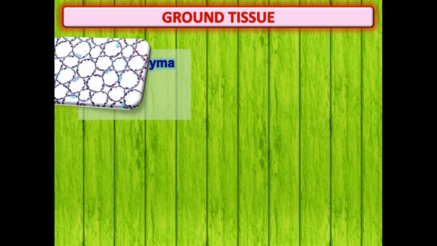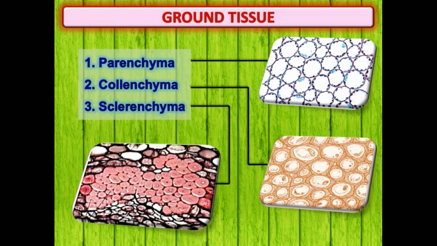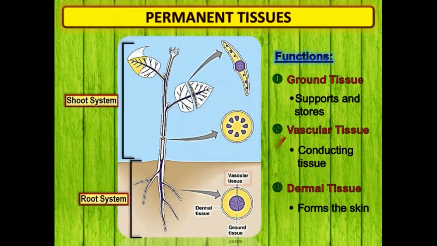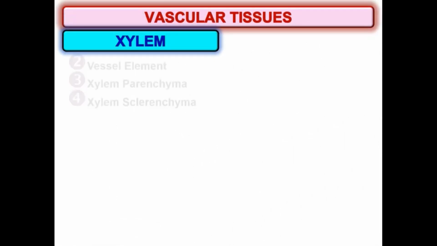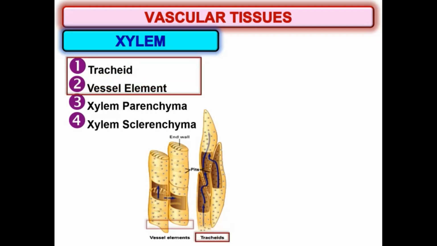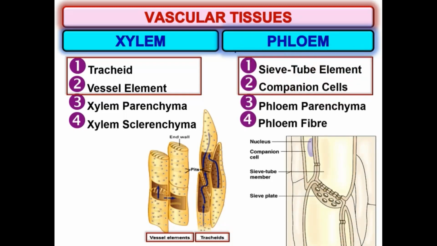Ground tissue divide into... Number 2, vascular tissue. 2 main components of xylem: trachea and vessel element. 2 main components of phloem: sieve tube, and companion cell.